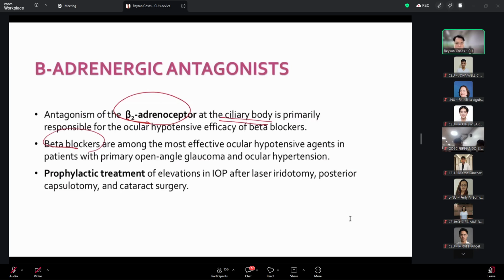We can also use them for many secondary glaucomas. Ibig sabihin ng secondary glaucoma, like another disease, or a drug can cause glaucoma. So, that's called secondary.